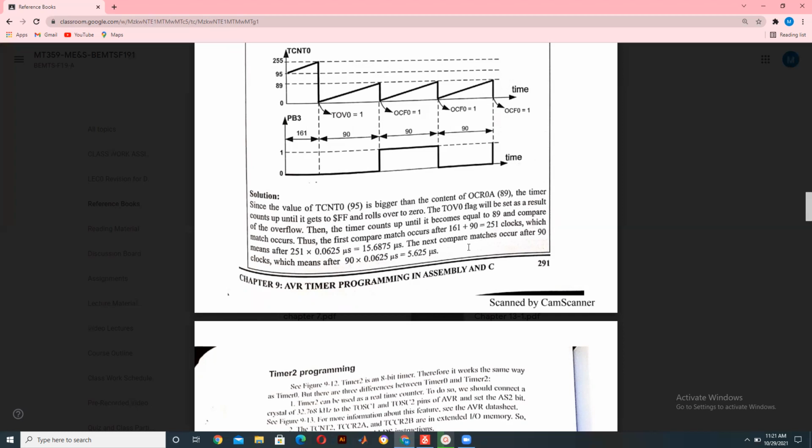Thus, the first compare match occurs after 161 plus 90 is equal to 251 clocks, which means 251 multiplied by 0.0625 is equal to 15.6875 microseconds, and 90 clocks means 90 multiplied by 0.0625 is equal to 5.625 microseconds.